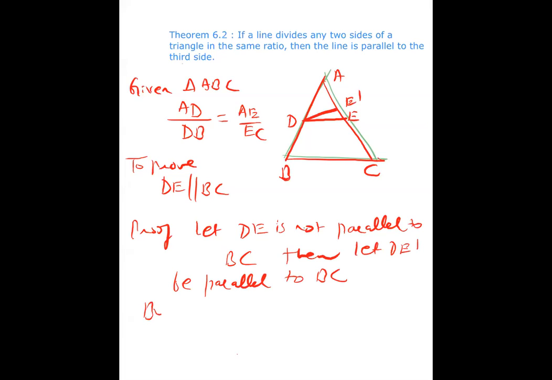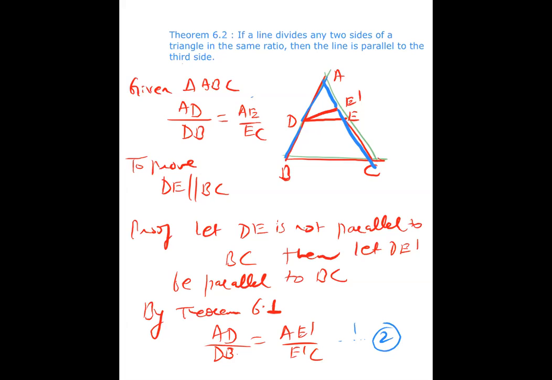Then by Theorem 6.1, you can write the theorem in your copy afterwards, AD by DB should be equal to AE dash by E dash C. This is equation number 2. But already we are told that AD by DB is equal to AE by EC.